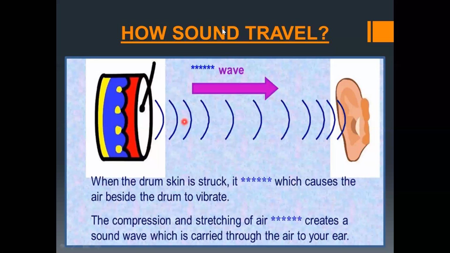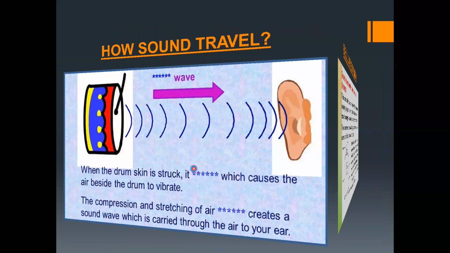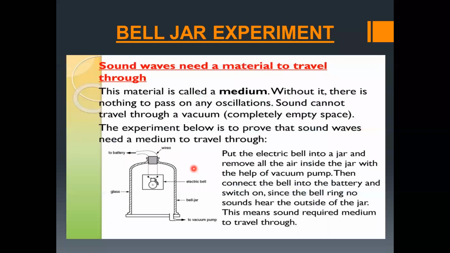Now I'm moving to the next topic. This is a very interesting experiment I'm going to explain to you all. Sound waves need a material to travel through. Remember it, students, this is a very important point.